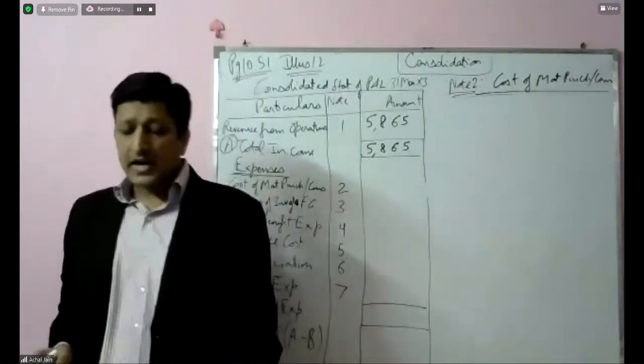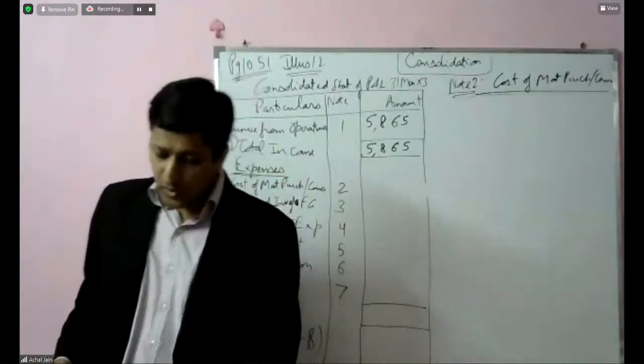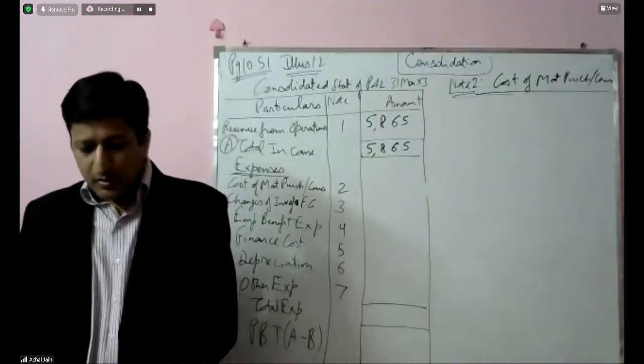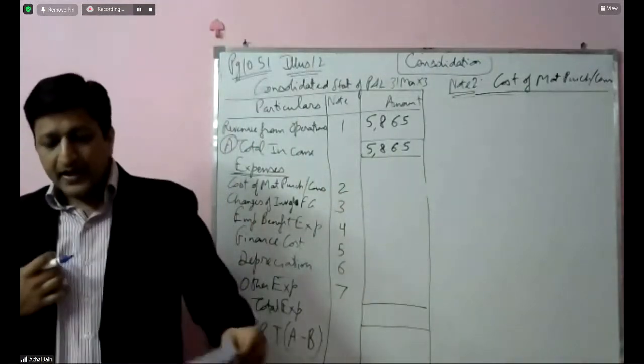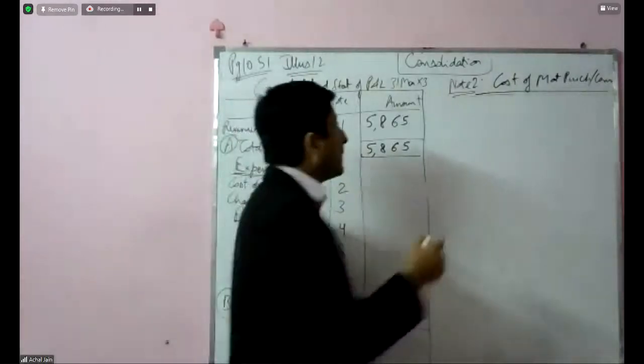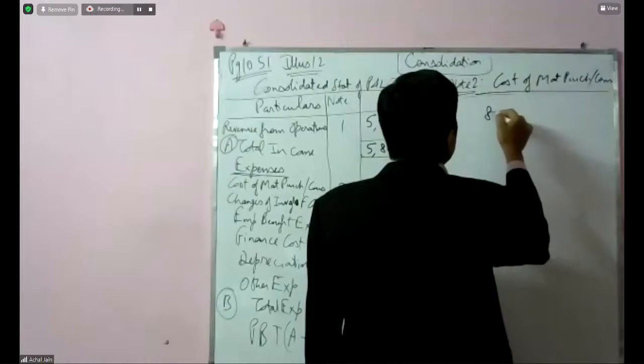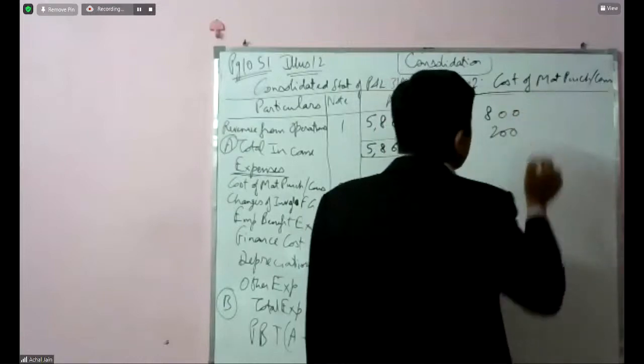Here again, we'll start with the information of these two companies, H and S. So raw material consumed given in the question is 800 and 200. So for H Limited and S Limited, it is 800 and 200.